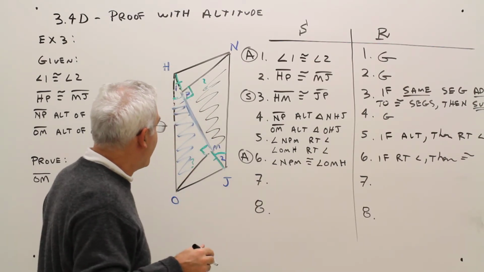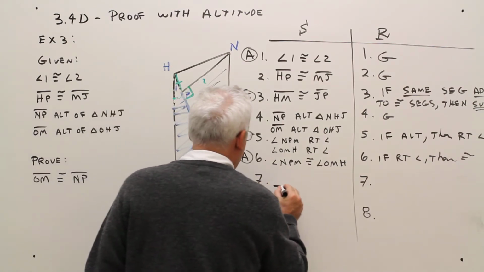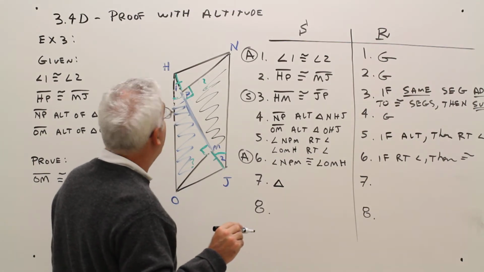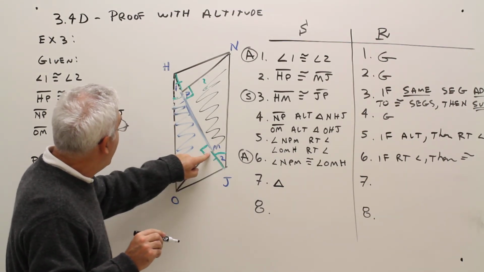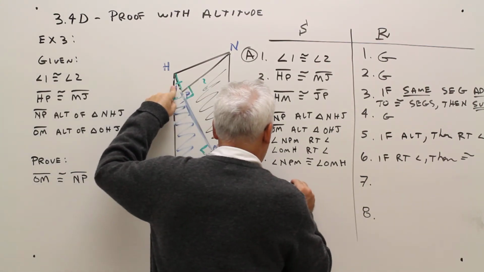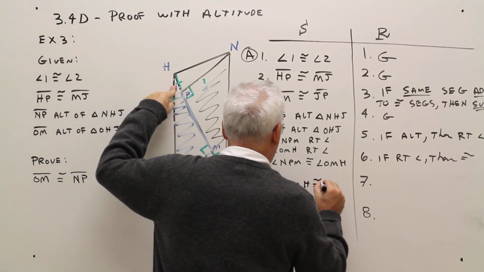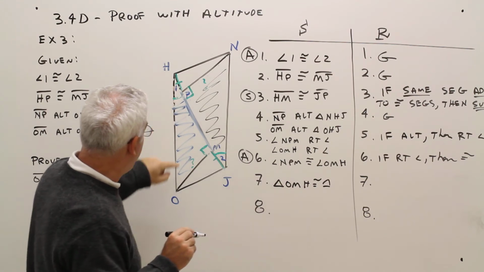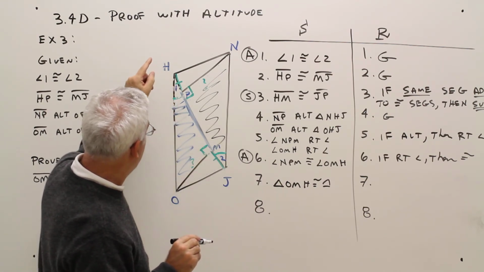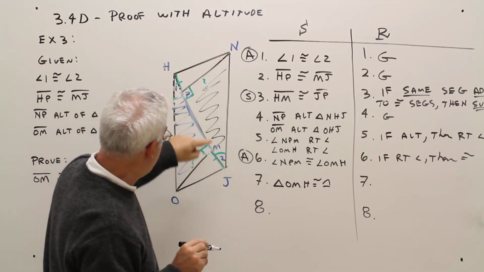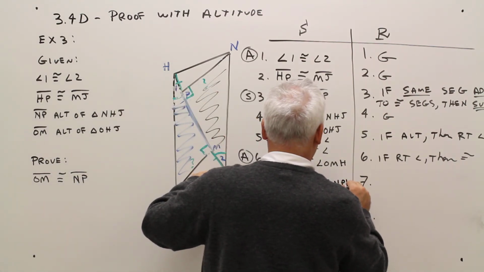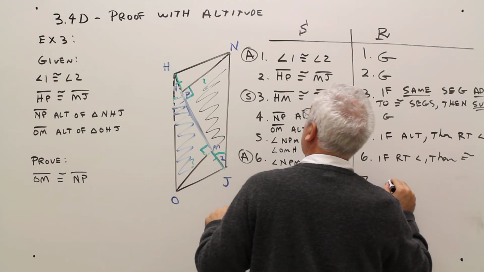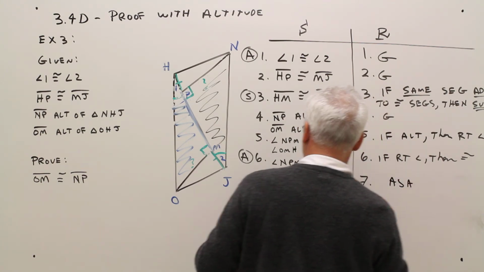Okay, so now I can get the triangles congruent. So triangle OMH is congruent to triangle NPJ, and that would be by angle, side, angle.